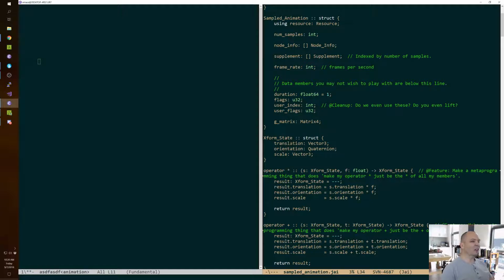These are slightly different letters than last time, but we're going to call the transform that this represents capital T. This is going to be capital R for rotation, and this is going to be capital S. And they're actually in a different order. So to perform this on a vector, we would go translation times scale times rotation times v for the vector, right? And these are column vectors.